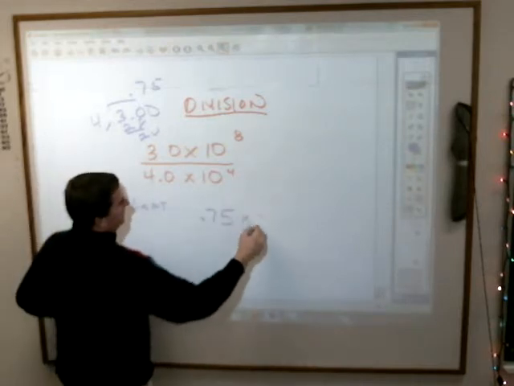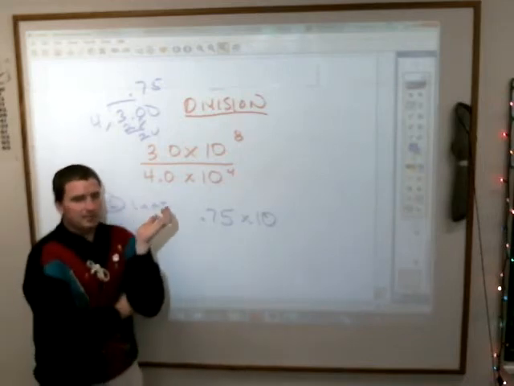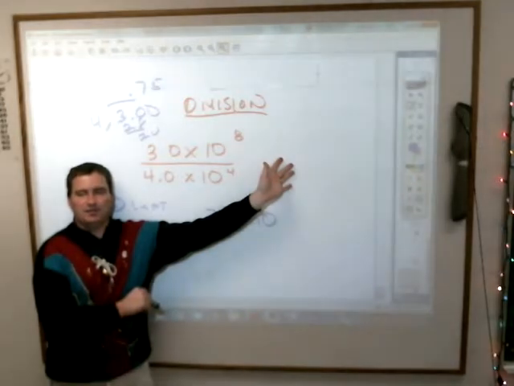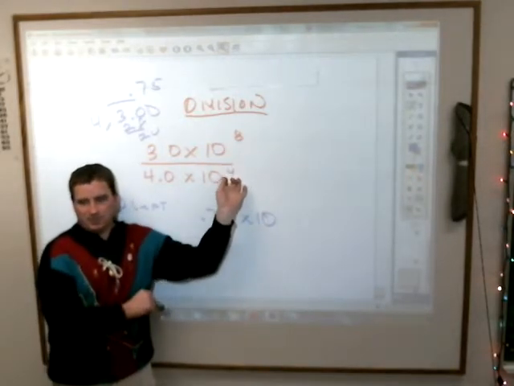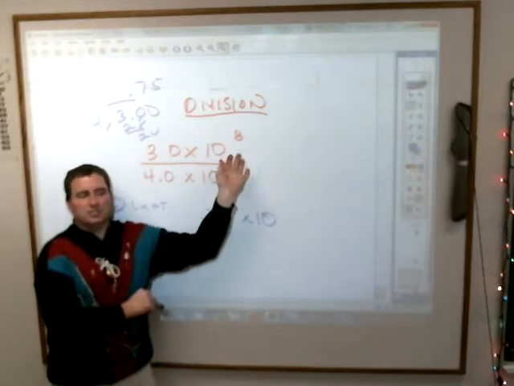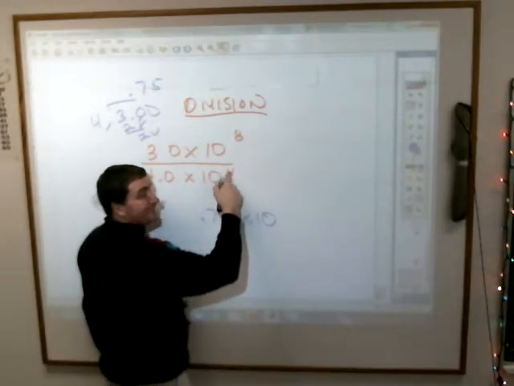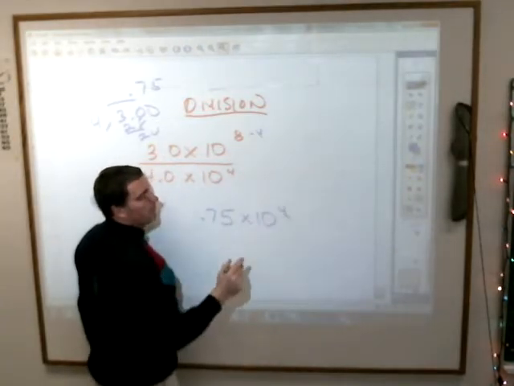You write down your point, or you write down your times 10. Now maybe you can make this logical jump on yourself. When I multiplied bases that had exponents together, I added them together. Now I am dividing bases that have exponents. What happens? You subtract them. So 4 from 8, and you're subtracting the bottom. Be careful with this. It's 8 minus 4, which is to the 4th power.